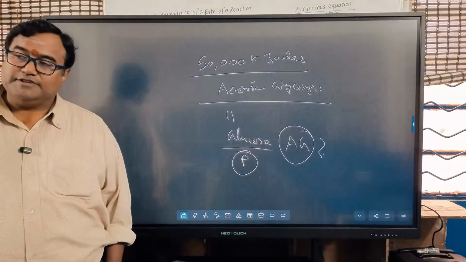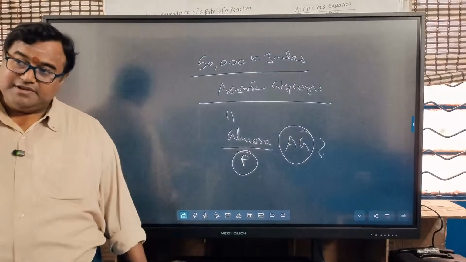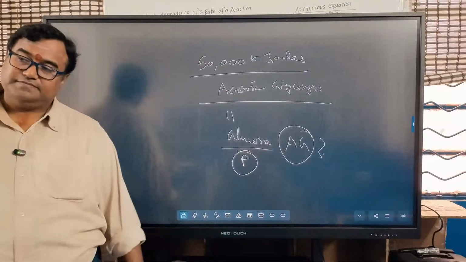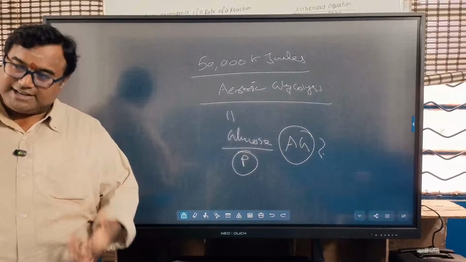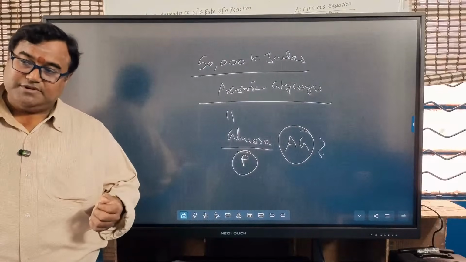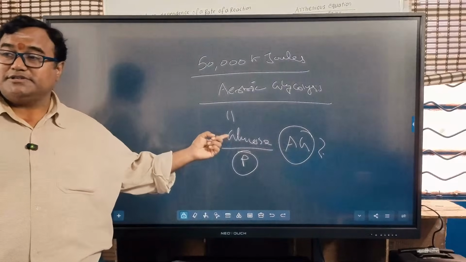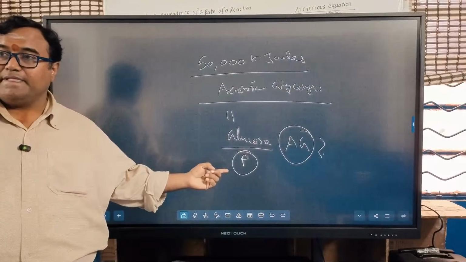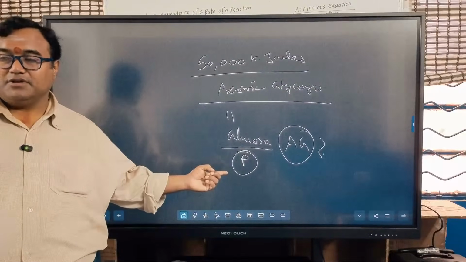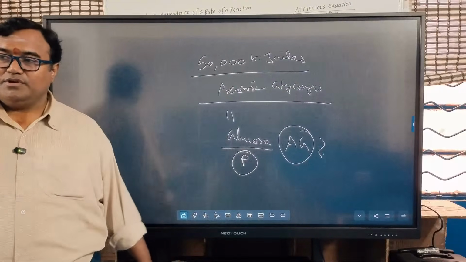Directly no. First you should convert into kilocalories, then you go for kilojoules. Also here in aerobic glycolysis, first you calculate the gross, then you go for this.